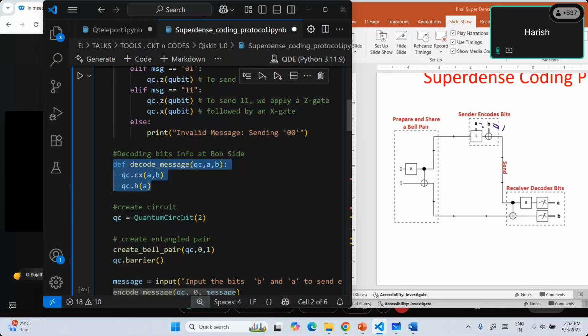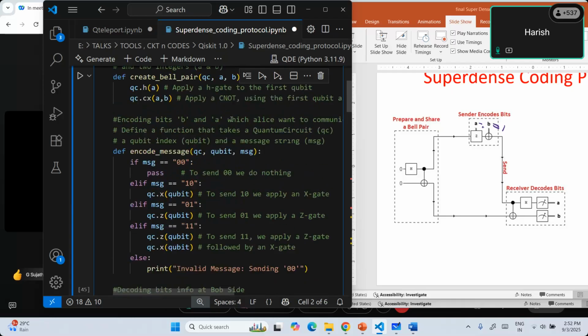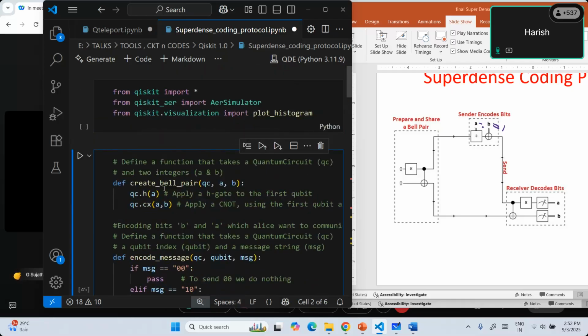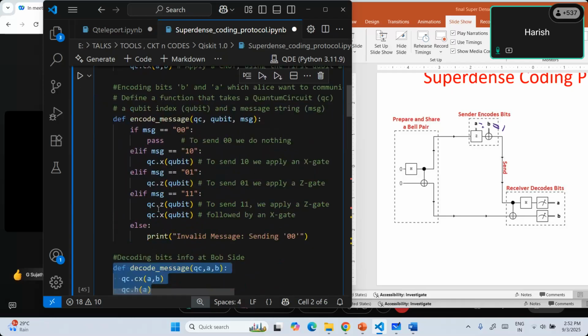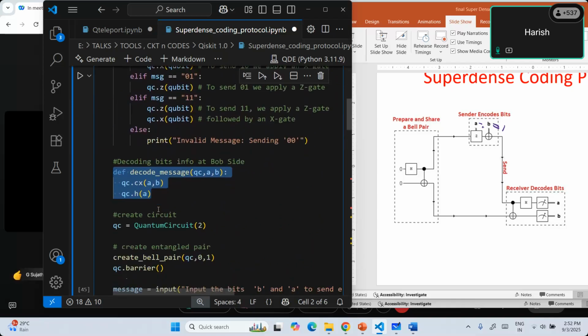So we have created three functions: one to create the Bell pair, one to encode the message, and one to decode.